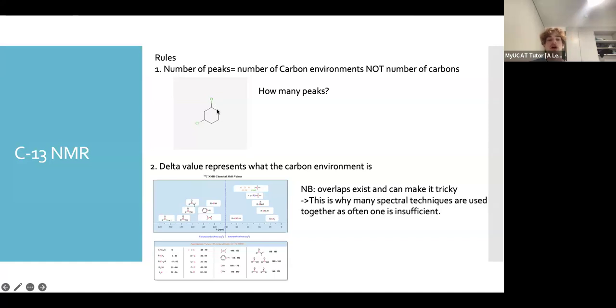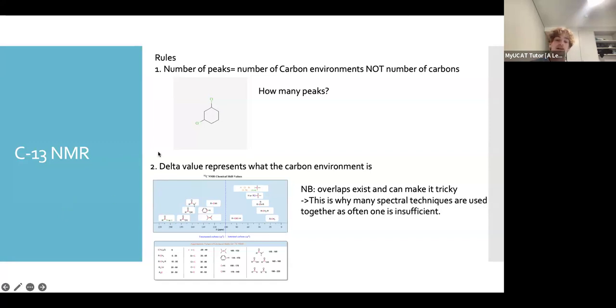Just to go through that one more time, to make it a bit clearer. Basically, the way NMR works is it's about how much energy is absorbed by specific atoms, specifically carbon-13 and H-1 atoms, and in different environments, those atoms will absorb different amounts of energy.